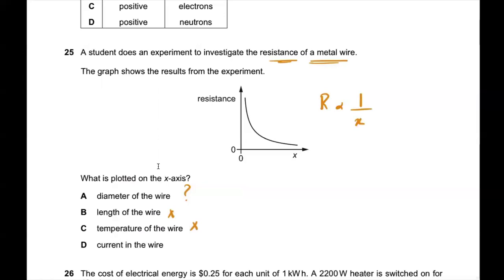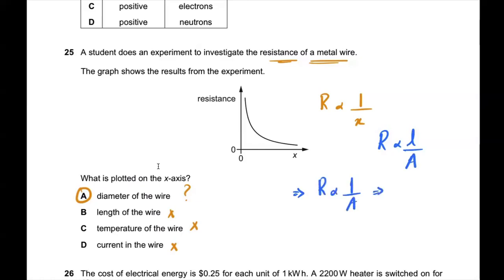And again, this is a metal wire, so it's assuming it's an ohmic conductor. So the resistance would not really increase or decrease. It should have stayed constant if it obeys Ohm's law. Again, resistance does not decrease for a current in the wire of a metal wire as well. It is the diameter of the wire. The reason being this, that since resistance is proportional to length over area, I can say resistance is inversely proportional to area.